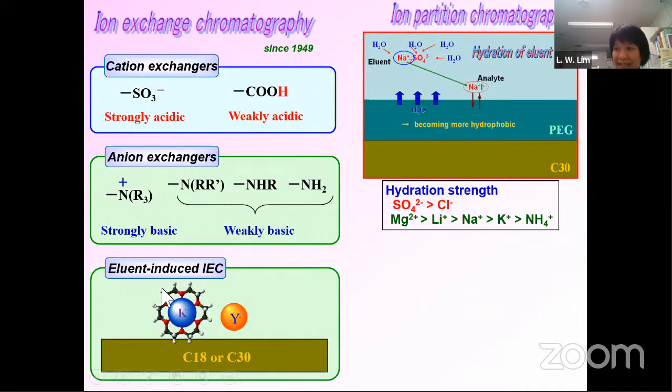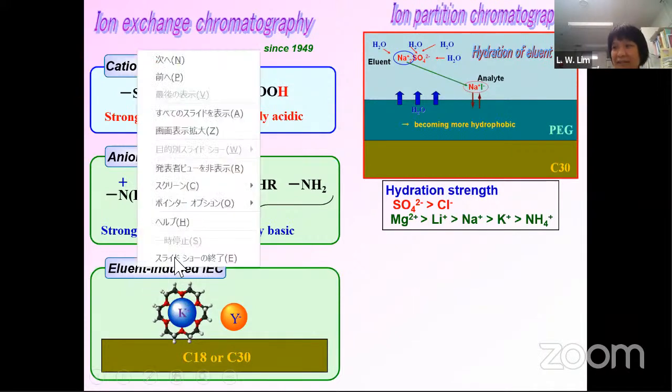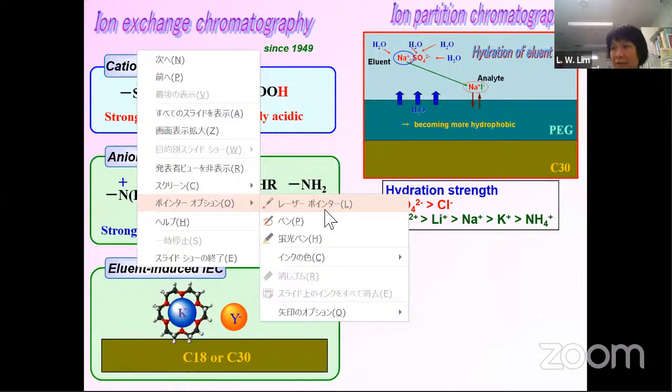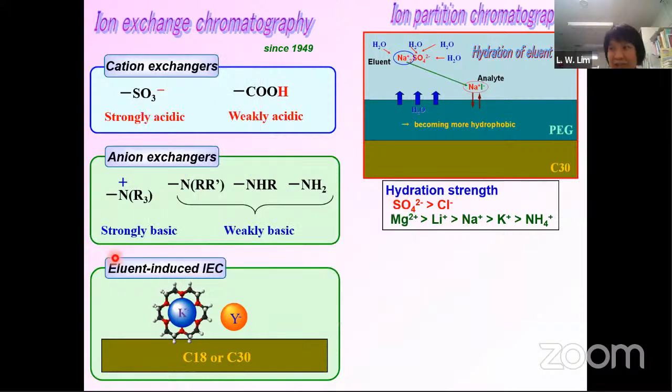Another type of IC is similar to what we call ion-induced ion exchange chromatography. In any HPLC system, usually you will have a C18 column. So if you buy a new system and you just want to separate something, for example, to see some ions in one sample, you don't need to buy a new column.